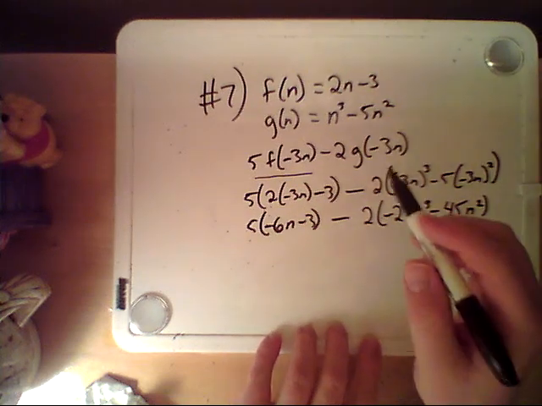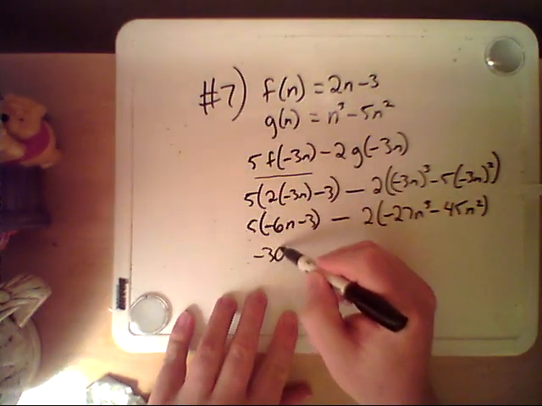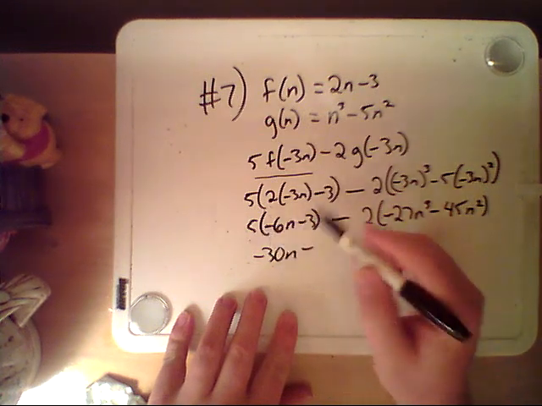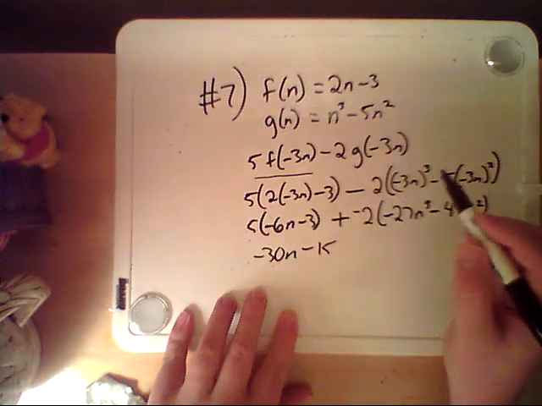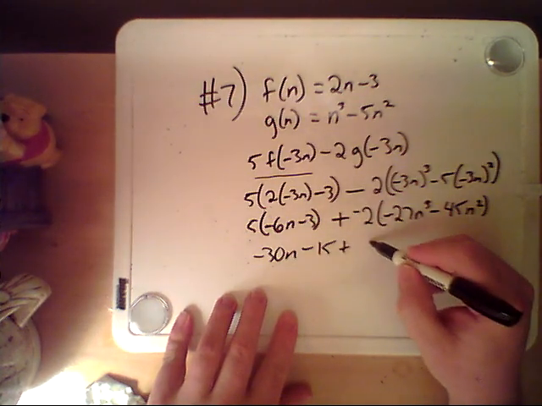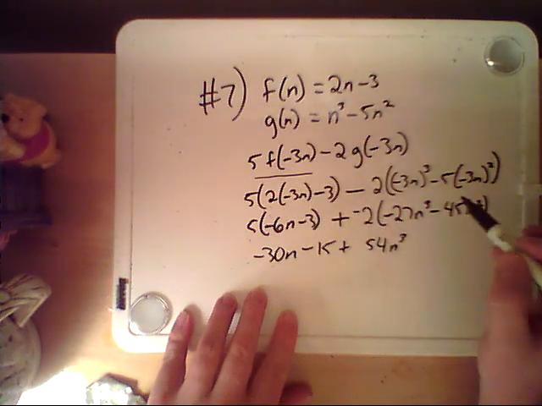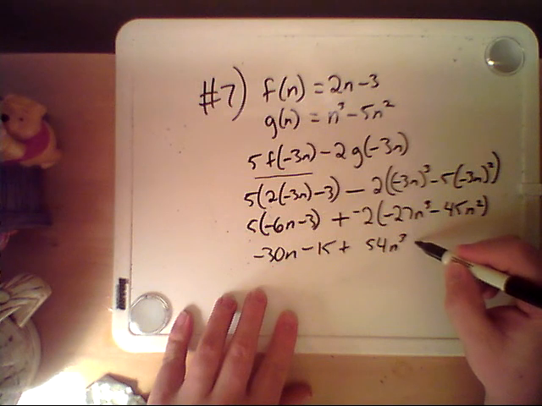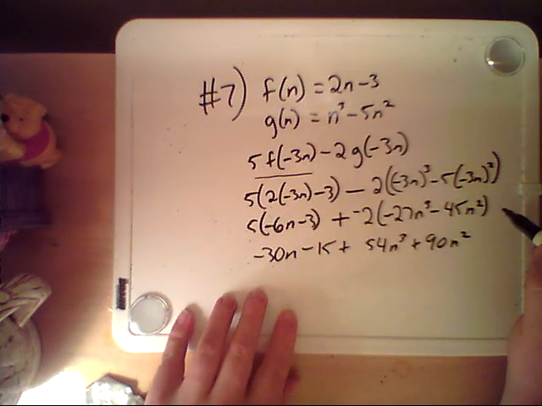Okay, let's go ahead and simplify this all the way. We have a 5 times negative 6 would be negative 30n minus 5 times 3 is 15. We'll change this to a plus negative. So it'll be plus negative 2 times negative 27 would be 54n to the third. And negative 2 times negative 45 would be positive 90n squared.